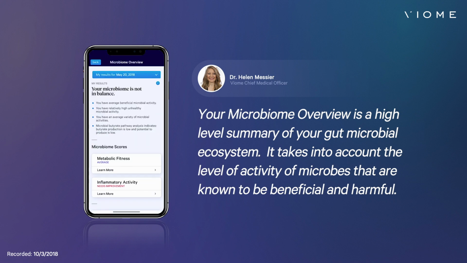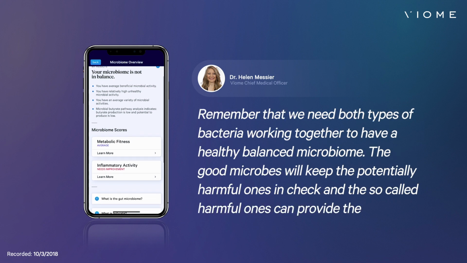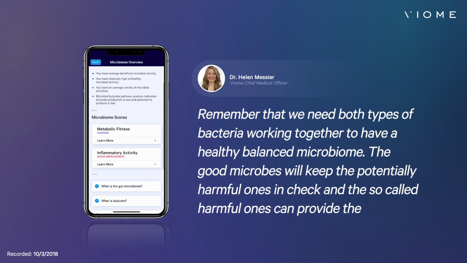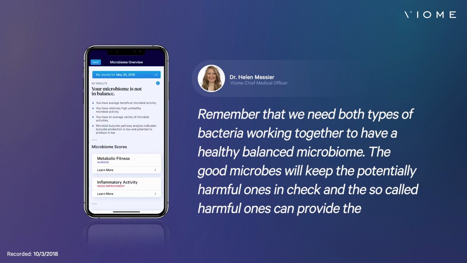Your microbiome overview is a high-level summary of your gut microbial ecosystem. It takes into account the level of activity of microbes that are known to be beneficial and harmful. Remember that we need both types of bacteria working together to have a healthy, balanced microbiome.